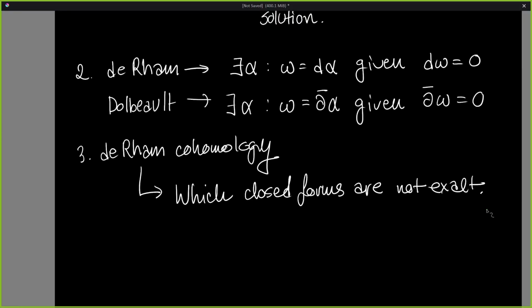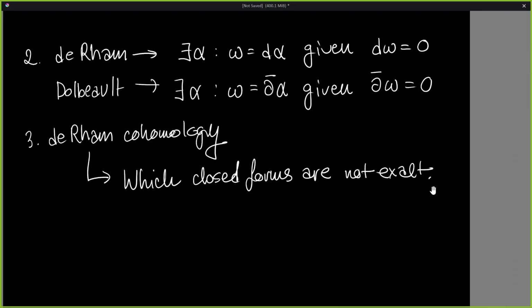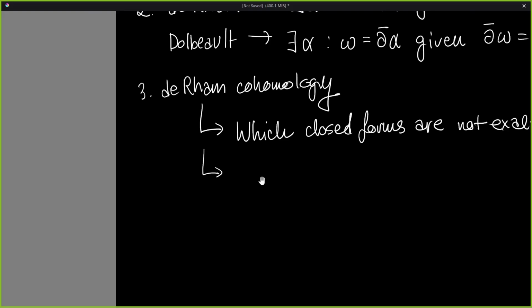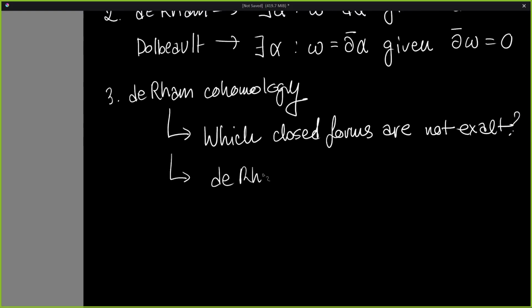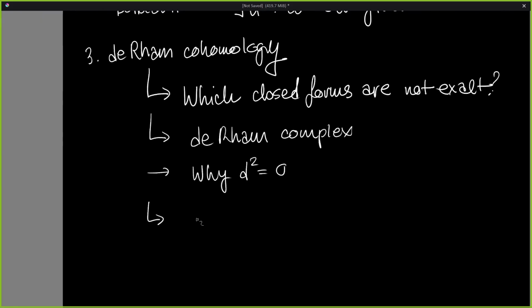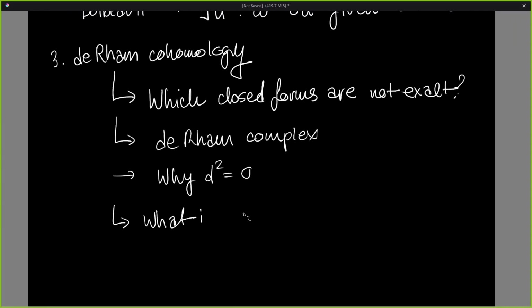So closed forms that are not exact forms detect closed curves that are not boundaries. And then we looked at the de Rham complex and the consistency conditions, why d square is equal to 0. We looked at what it measures, topological obstructions.